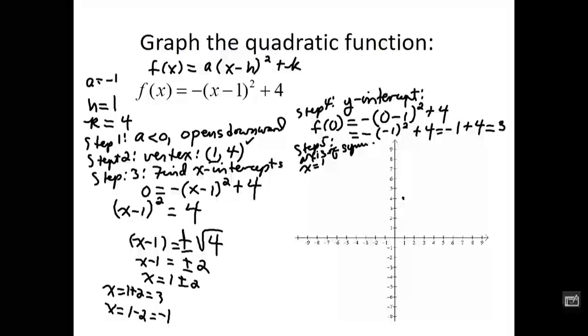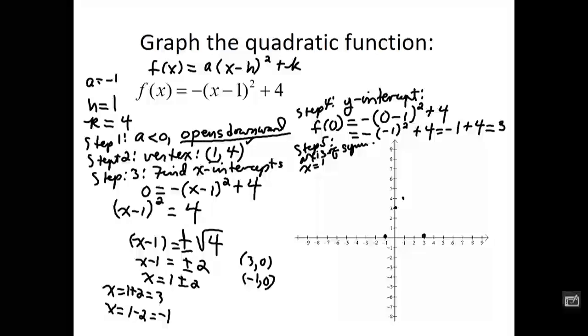We know that the x-intercepts are (3, 0) and (-1, 0). (-1, 0) is here. (3, 0) is here. And now the y-intercept. The y-intercept is the point (0, 3). All right. And we also know that the parabola opens downward because a is less than 0.